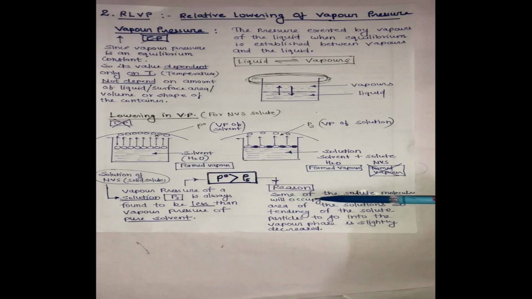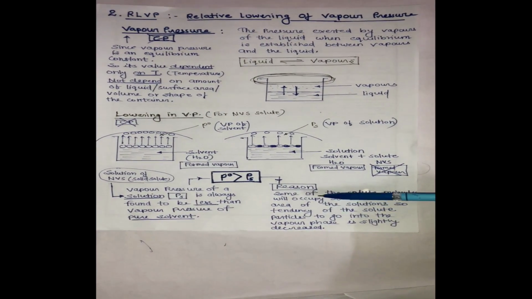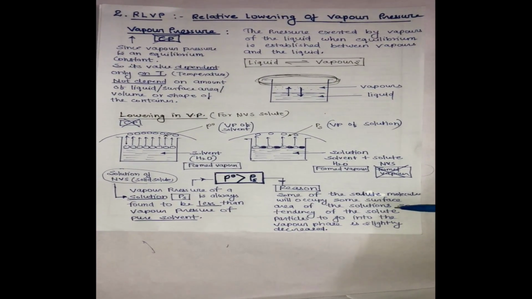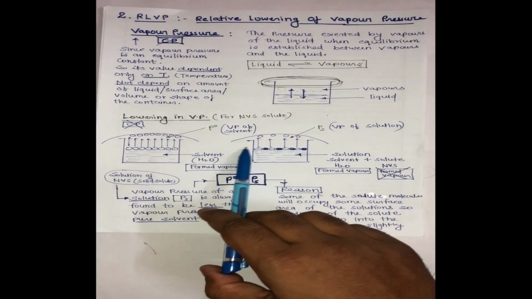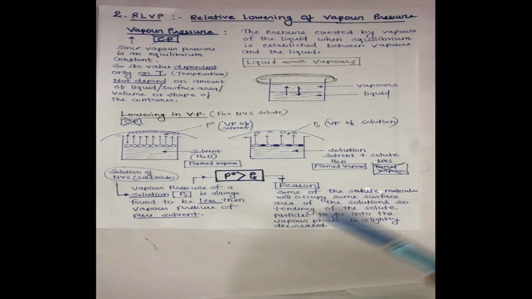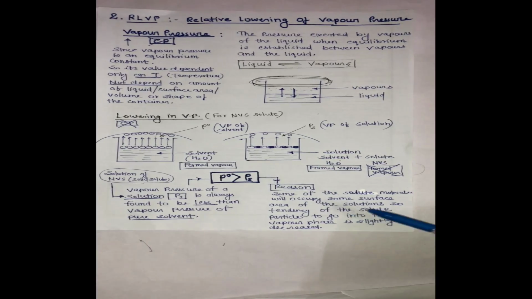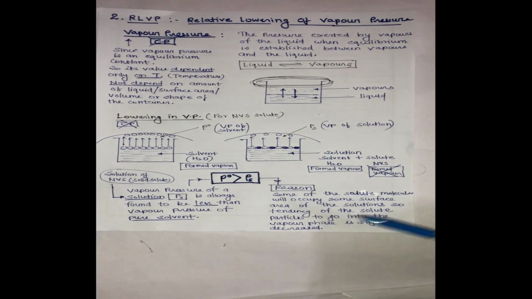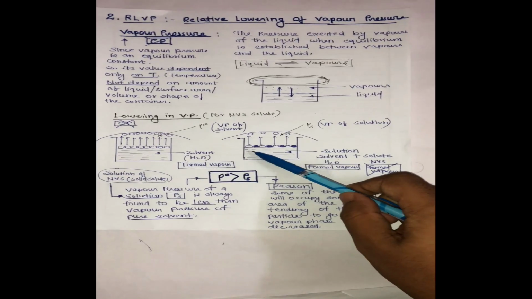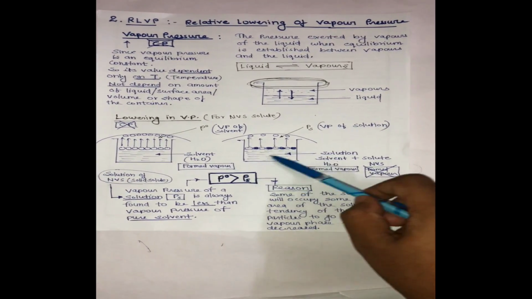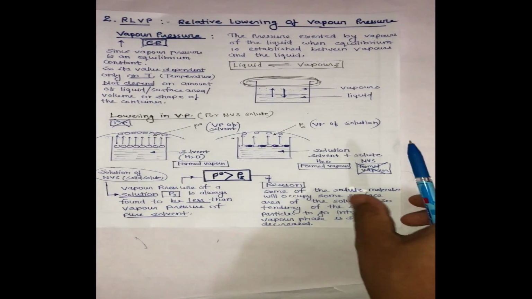Reason: some of the solute molecules will occupy some surface area of the solution. So the tendency of the solute particles to go into the vapor phase is decreasing, because this solute particle will never form vapor, as it is NVS.